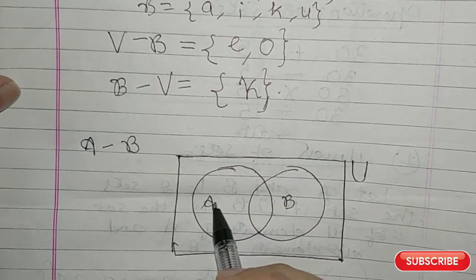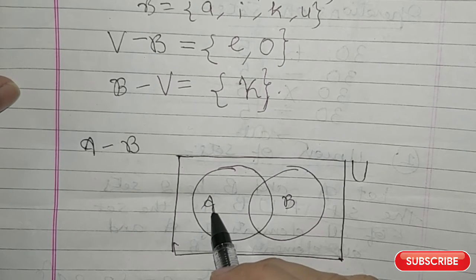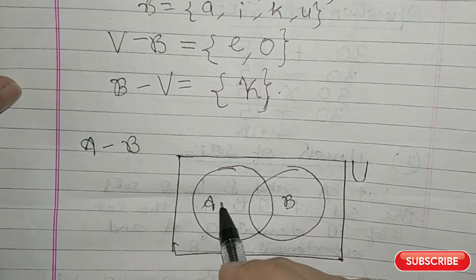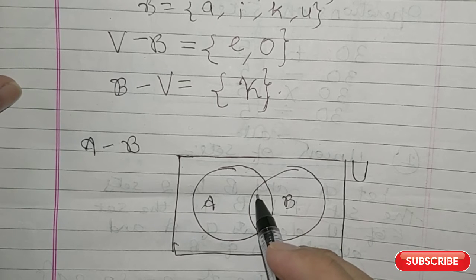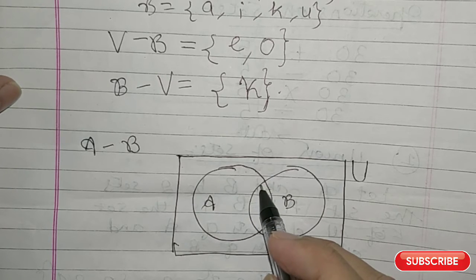You have to remove all the elements of B from A. So you can see that the elements of B in A are this part, the intersection. So you have to remove this.